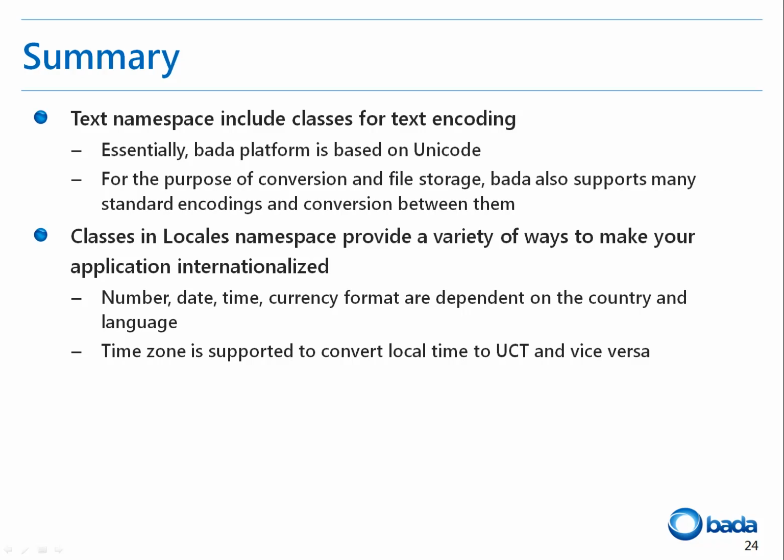The classes included in the locale namespace are used to internationalize an application. Especially, the formatters such as the number, date, time, and currency formatters convert the number, date, and time to an appropriate format for the country or language. The time zone class converts the standard time to the local time.